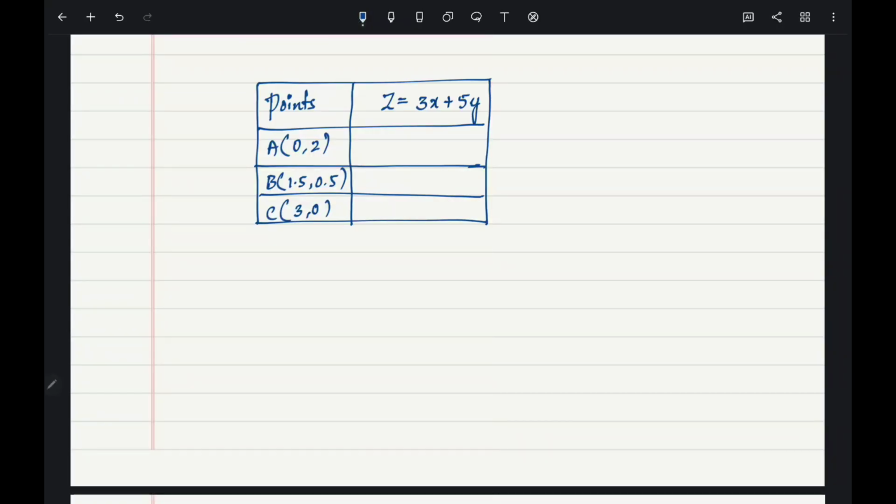So let's find the minimum value of this objective function using these points. This is the table for the points A, B and C and the objective function, that is 3x plus 5y. Now substitute all the points in this objective function.